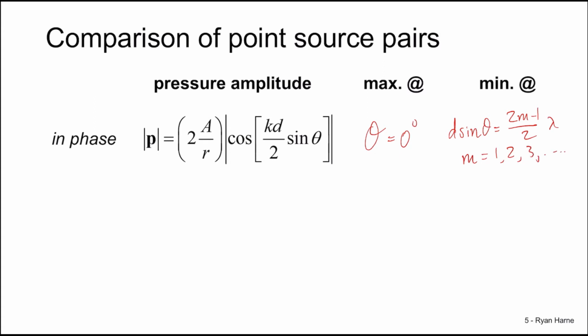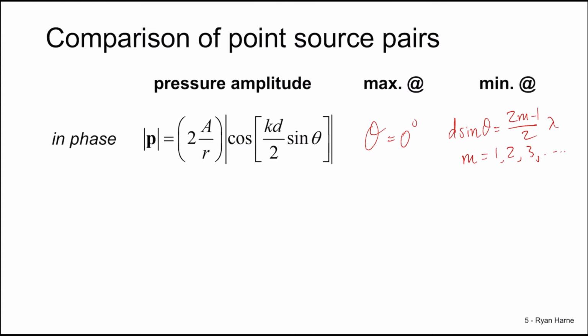So for instance, when m is 3, our numerator is 6 minus 1, so 5/2 of a wavelength. Alternatively, if m was 2, we'd have 4 minus 1, which is 3, so 3/2 lambda is equal to d sine theta, which was the example that we saw previously.